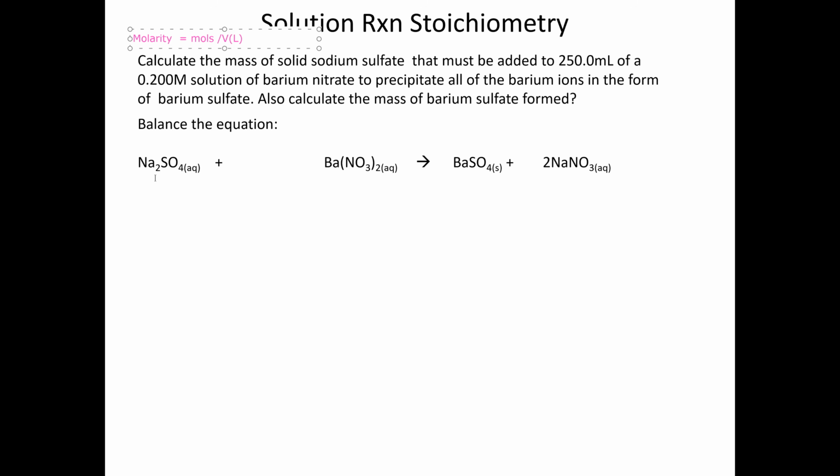For part A, to calculate the mass of sodium sulfate, we're going to take the volume and molarity of barium nitrate, convert it to moles of barium nitrate, and then to moles of sodium sulfate, and then to mass of sodium sulfate. That's how we're going to answer part A.